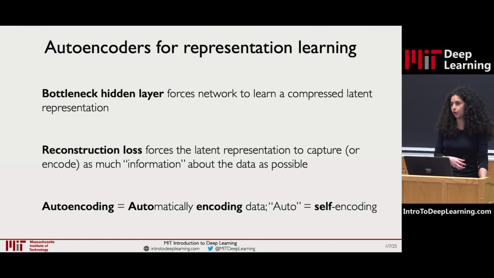that forces the network to encode as much information as possible through this process of having to decode back and reconstruct the input. In this way, we're automatically encoding information within the data into the latent space Z, this principle of an autoencoder.